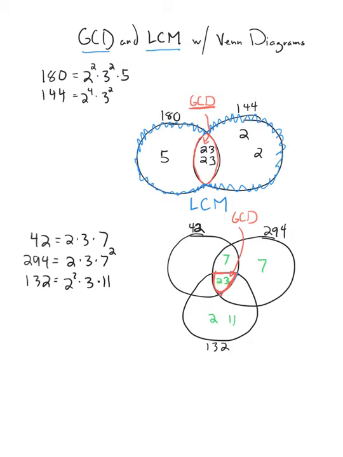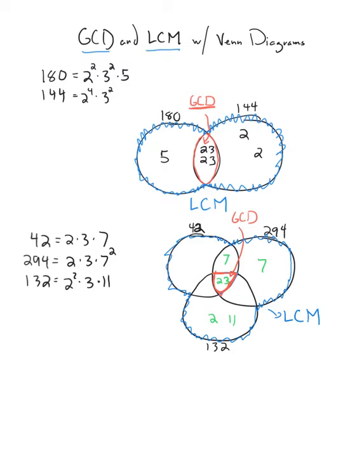And 2 times 2 times 3 times 11 is 132. And of course, just like before, if I take the union of all of these guys, so this is the least common multiple.